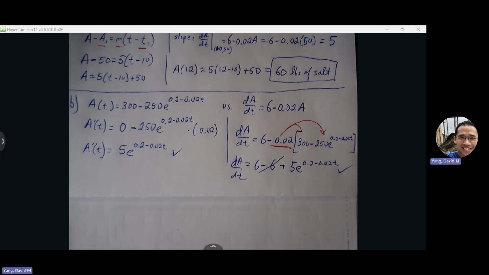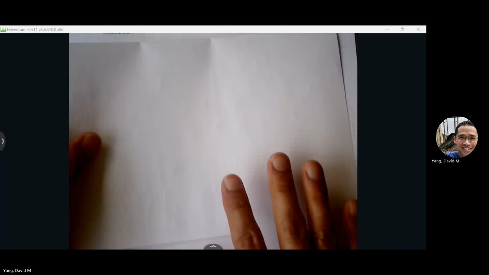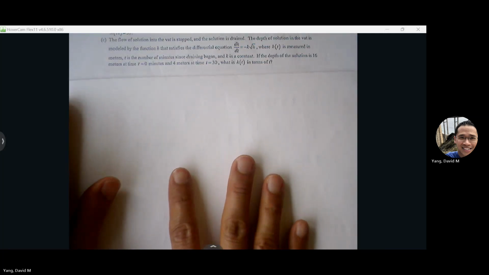All right, part C, we're moving into our solving differential equation phase. The flow of solution into the vat is stopped and the solution is drained.